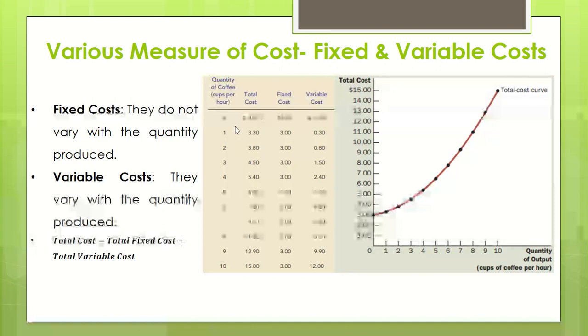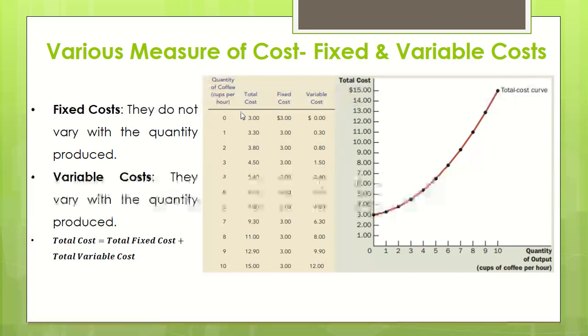Again, if you see on this table, if the quantity produced is 1, so the total cost here is $3.30, which comes by adding fixed cost, that is $3, and variable cost, that is $0.30. So the sum of both these costs is known as total cost, which is $3.30.